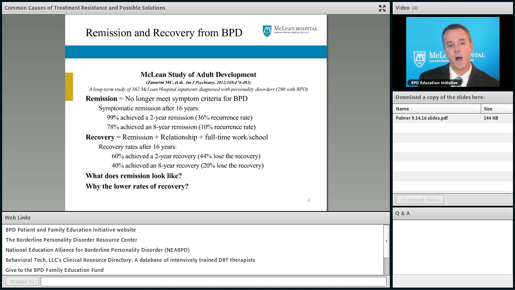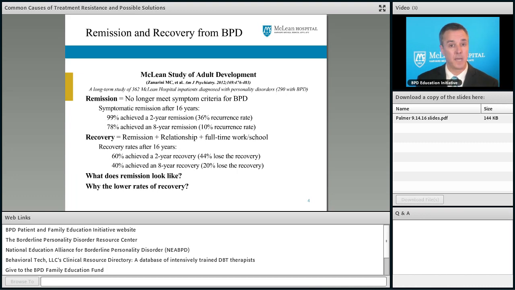So why the lower rates of recovery? If remission is so high, and 99% achieve at least a 2-year remission, that's pretty significant. So if all of these people are going into remission, why aren't they recovering? No one knows the definitive answer. Some speculations are that maybe the symptoms that persist are preventing them from working.